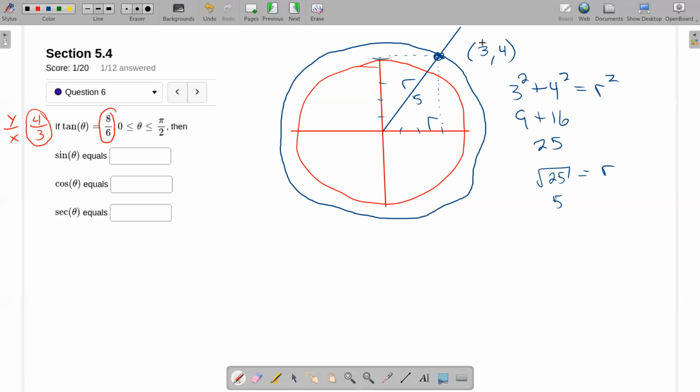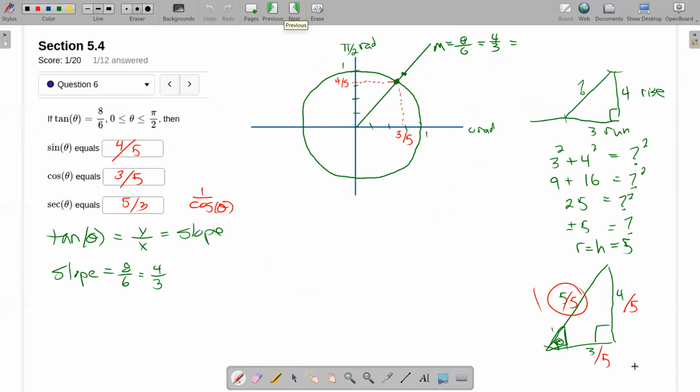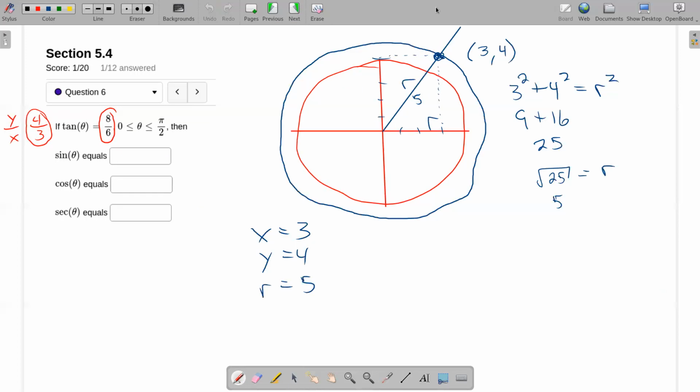And so here I'm claiming that, again, x is 3, y is 4, and r is 5. Whereas the last time I did it, I was working with fractions. Right? This was my y and that was my x. But I had to draw a second circle to get there. So is this much easier? I guess not really.